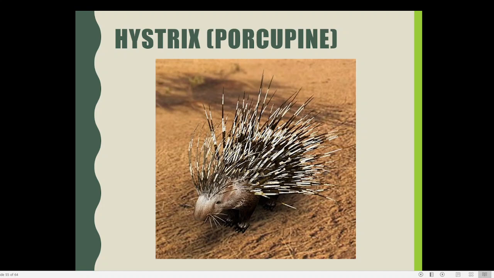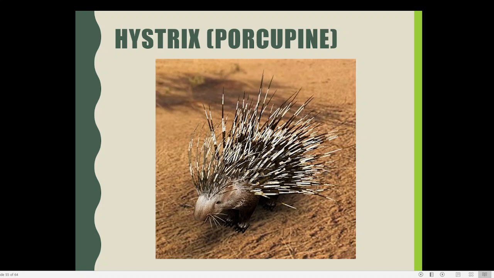If you go to the Rodentia, here you can see that they are popularly known by the name rodents. The name is coming from the word rodere. Rodere means to gnaw.